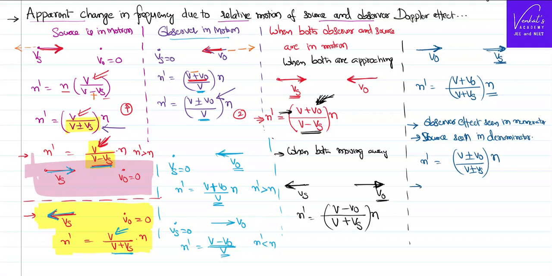When the observer or the source is approaching, N dash will be increasing. When they are receding or going away, N dash is decreasing. Based on that, you can write any general equation of the Doppler effect.